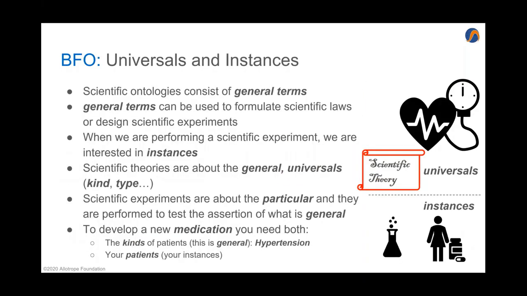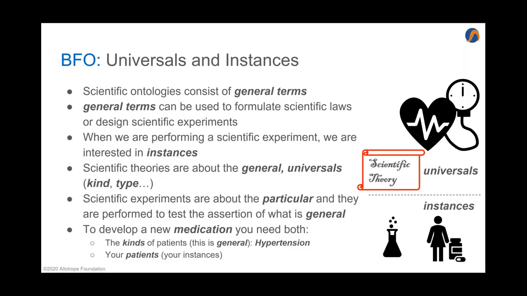When you use scientific ontologies, they consist of general terms, and general terms can be used to formulate scientific laws or design scientific experiments. When you're performing a scientific experiment, you are mostly interested in instances, actual instances.